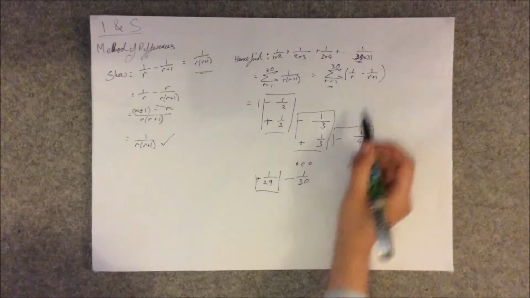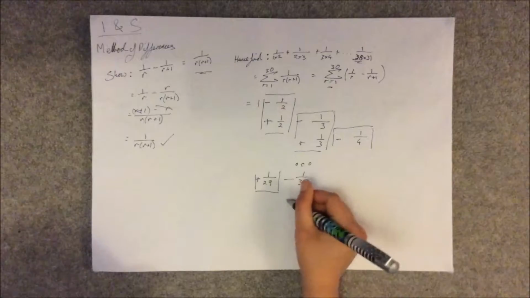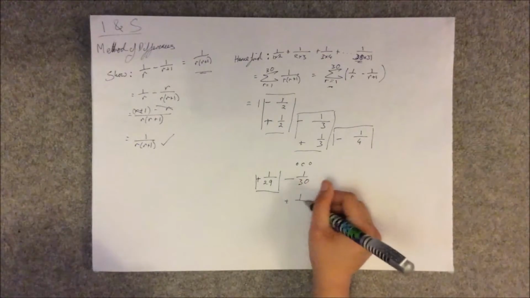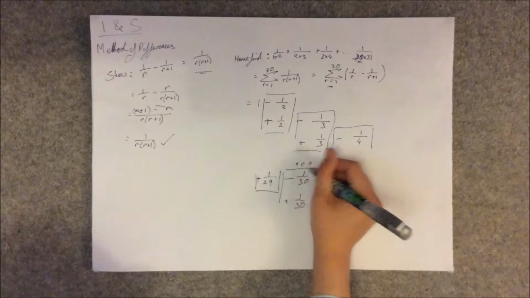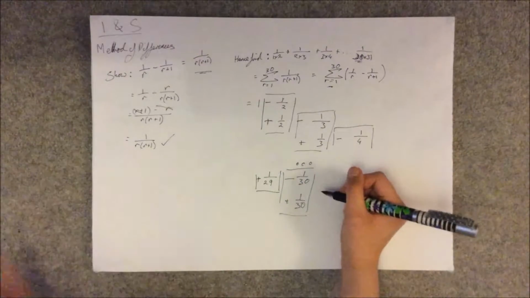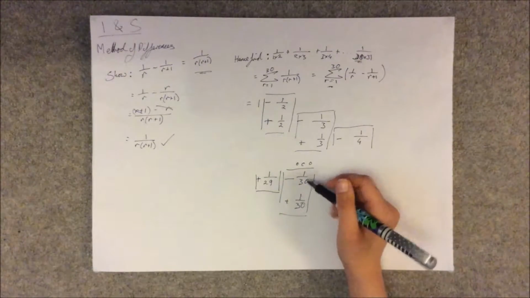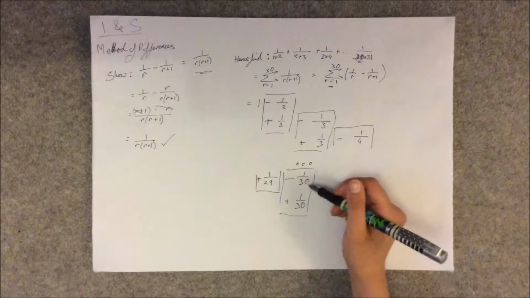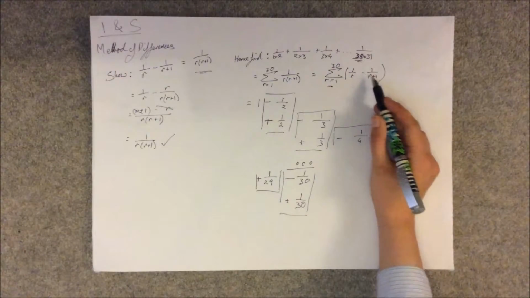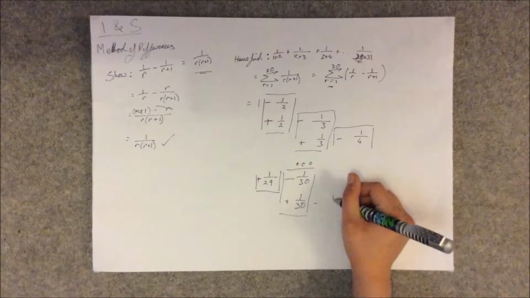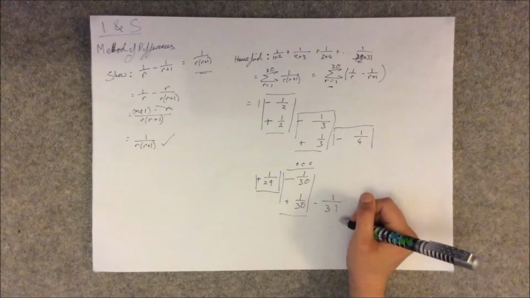And the final one is r equals 30, 1 over 30 plus 1 over 30, which again cancels there. Done, boxes around everything that cancels. And then minus 1 over 30 plus 1, which is minus 1 over 31.